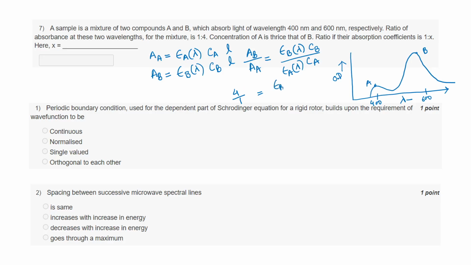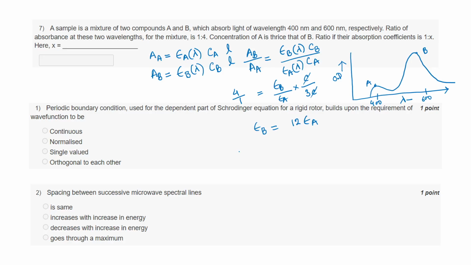Epsilon B by epsilon A is not given. And what else is given? The ratio of concentration is given. Concentration of A is thrice, so 3C, and B is C. So C cancels, leaving 1 by 3. So epsilon B is 12 times epsilon A.